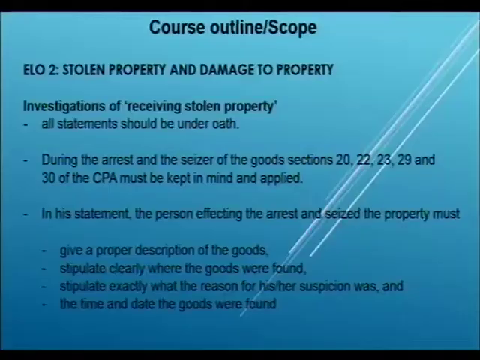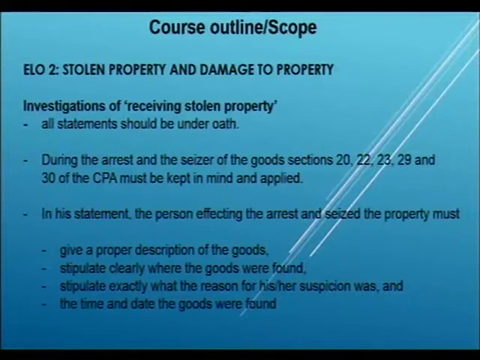Investigation of receiving stolen property. All statements should be under oath. During the arrest and the seizure of the goods, Section 20, Section 22, Section 23, Section 29, and Section 30 of the Criminal Procedure Act must be kept in mind and applied.